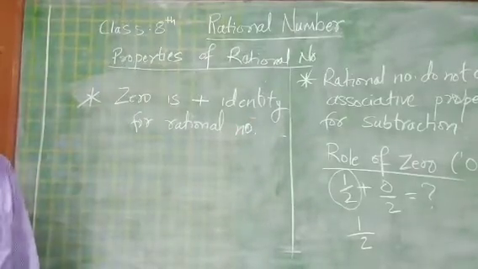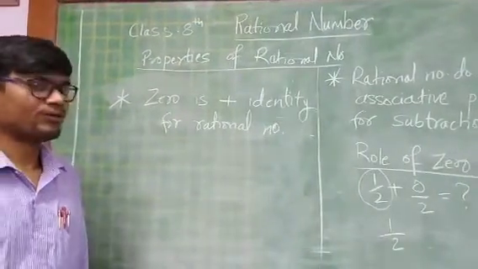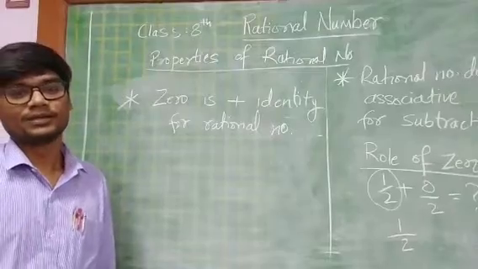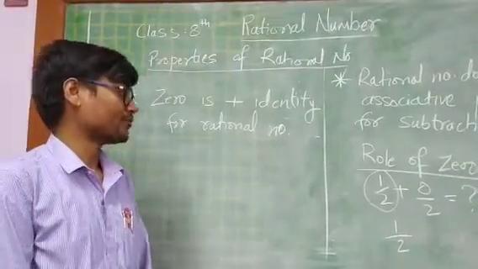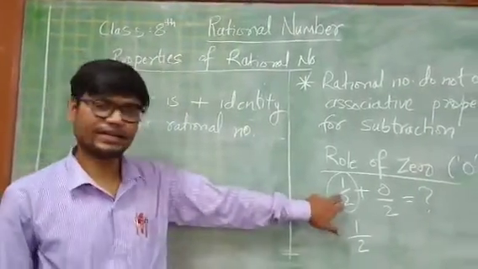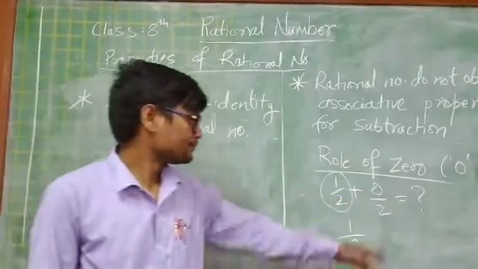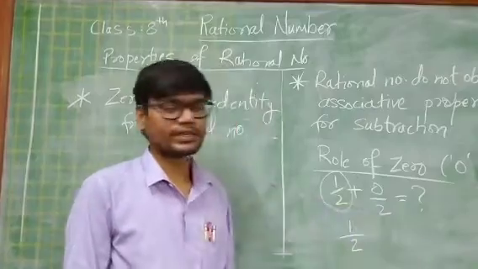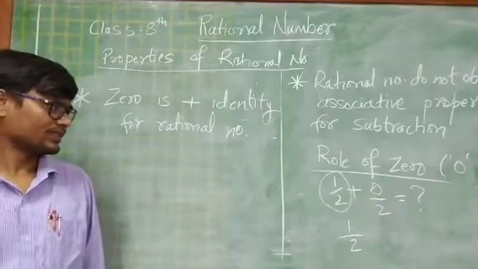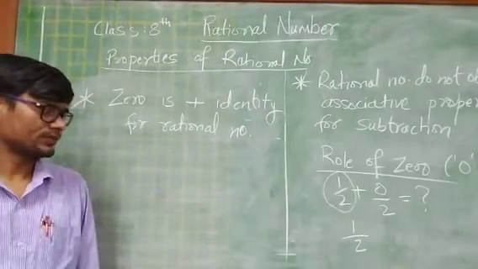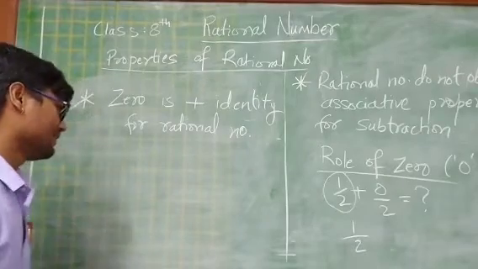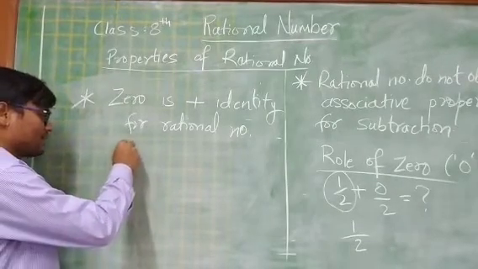0 is the additive identity of rational numbers. Can you think of a number which, when multiplied with a given number, gives us the same number? Let me explain it again.